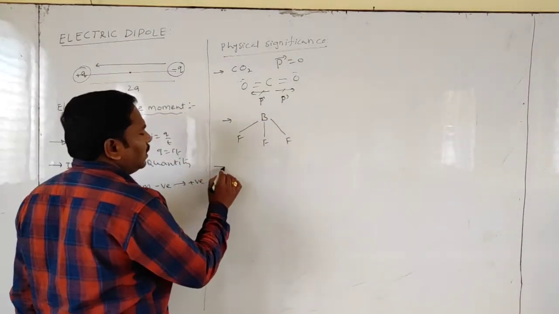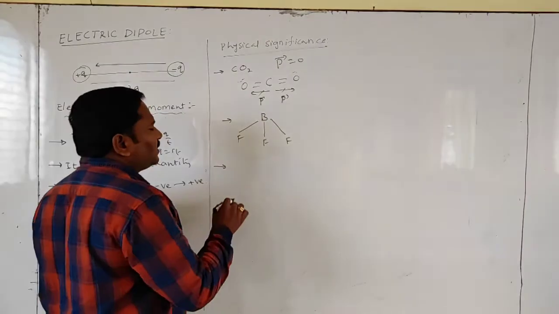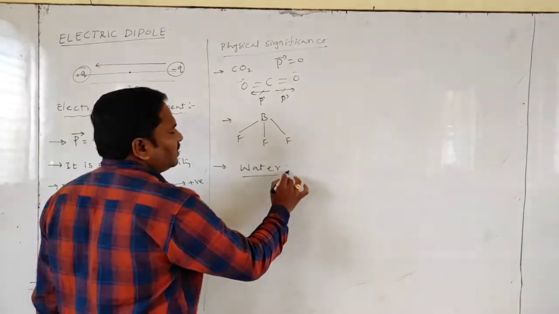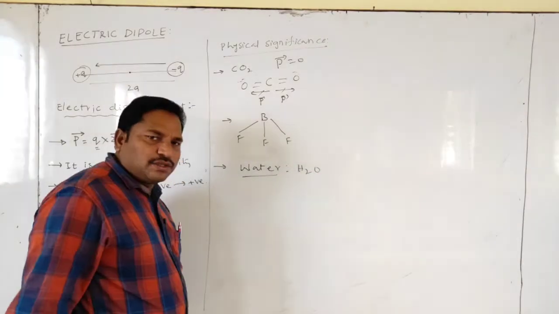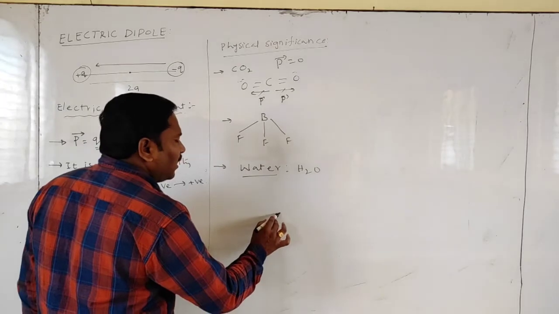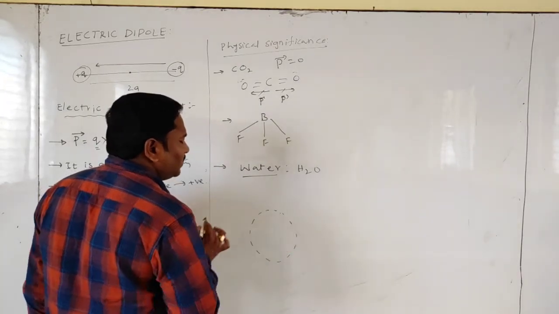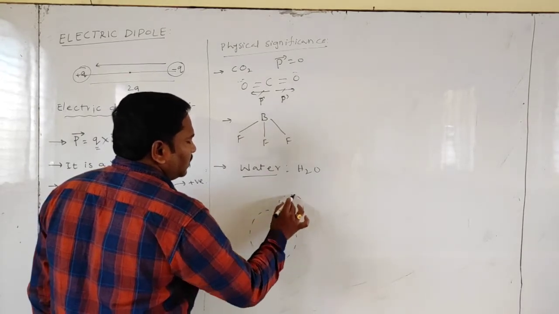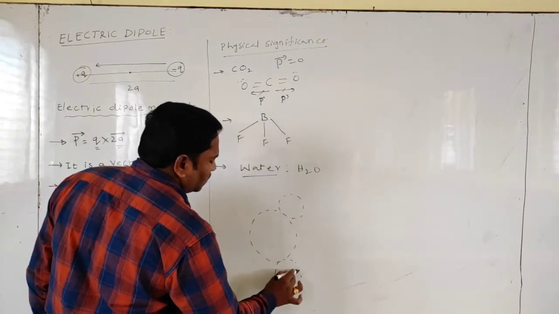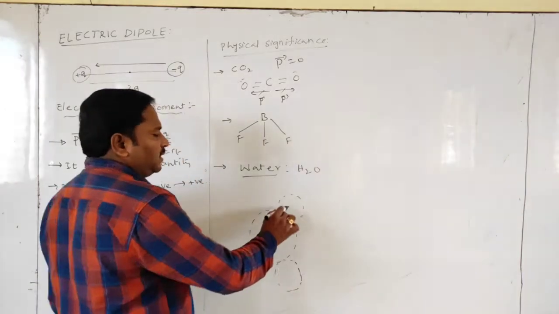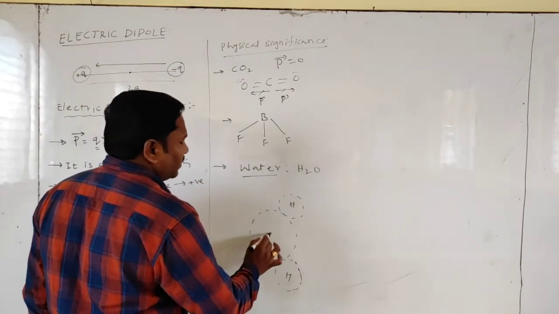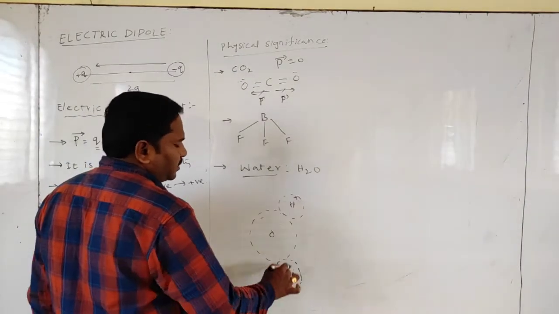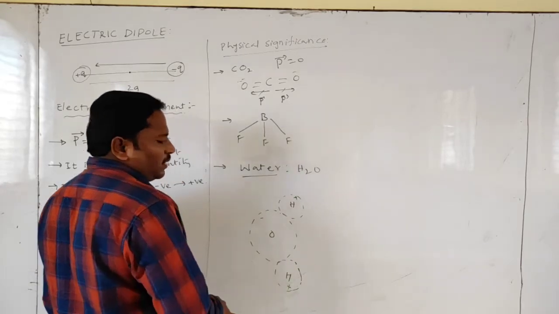Next, now suppose we consider water, H2O. This is the oxygen atom, this is one hydrogen atom, and this is the other hydrogen atom. The oxygen is negative and the hydrogens are positive.